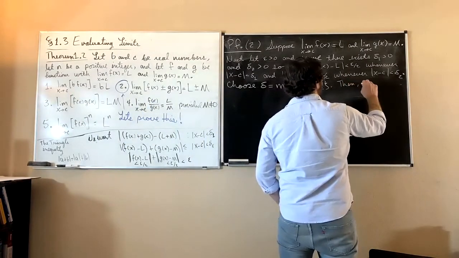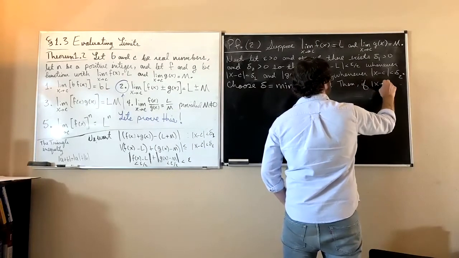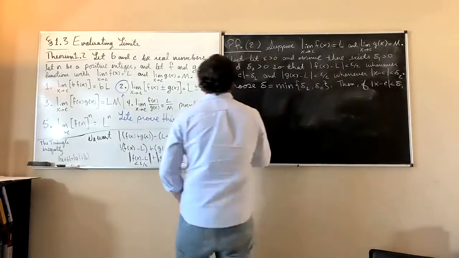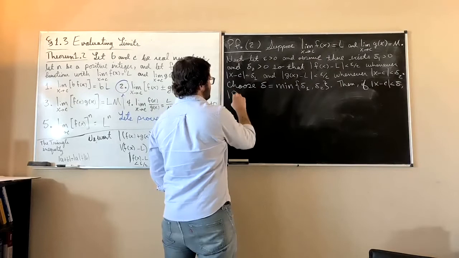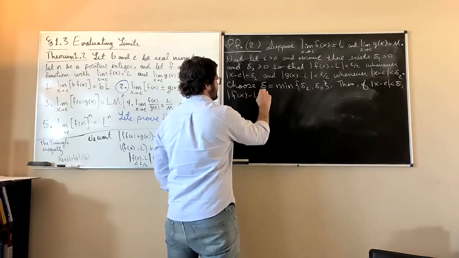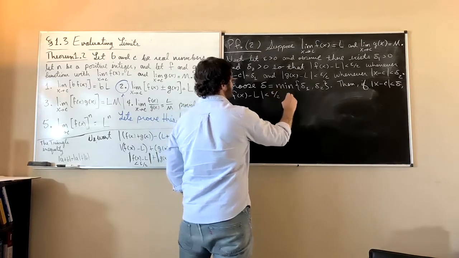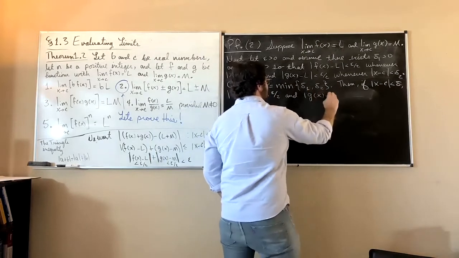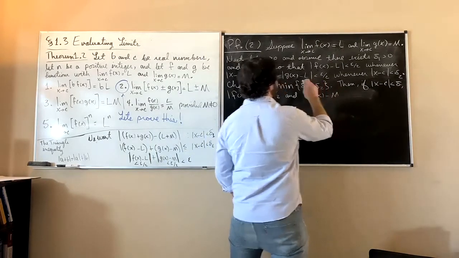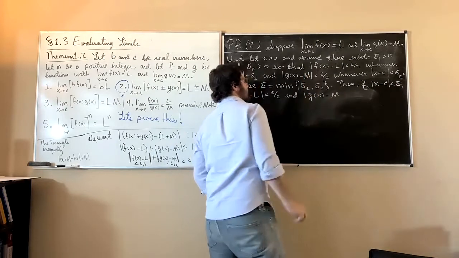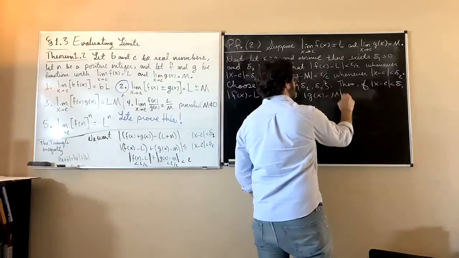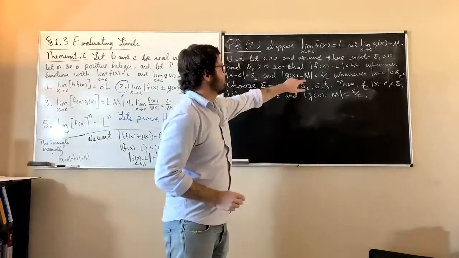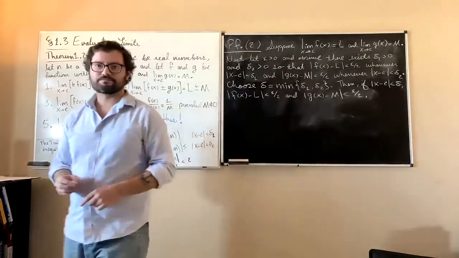Then if the absolute value of x minus c is less than delta, f of x minus L is less than epsilon over 2, and g of x minus m, oh, wait a minute, that should be m right now, is at most epsilon over 2. Sorry, g converges to m, not L.